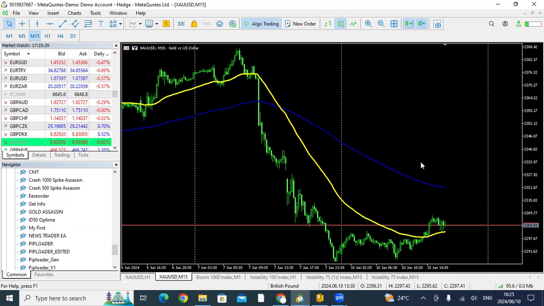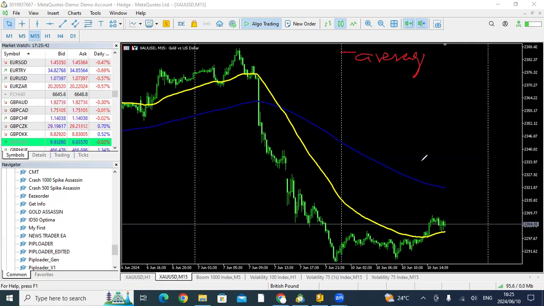So let's talk about moving averages in general, right? The definition of a moving average. So, of course, a moving average, from the word, is an average of price, right? So it's a plot of the average price based on a certain number of candlesticks or a certain number of points.